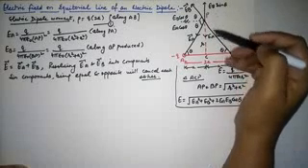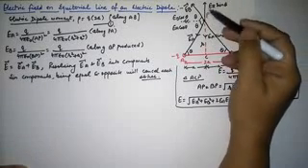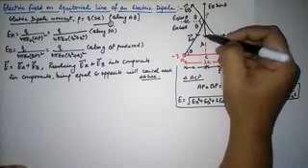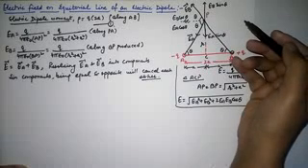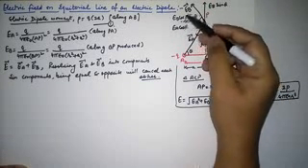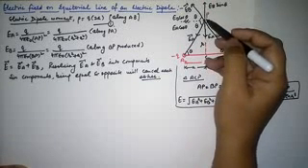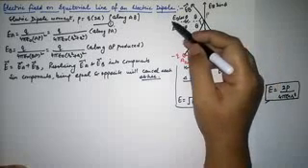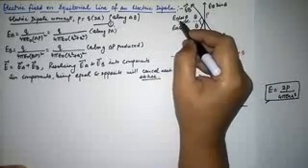Because these sine components are equal and opposite, they will cancel each other. So the resultant is only because of cos components. And what is the direction of these cos components? Along this horizontal line. Suppose this point is taken as X.